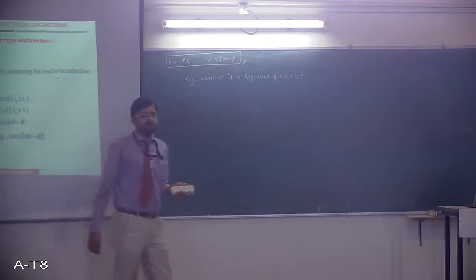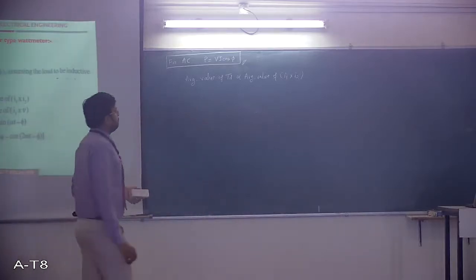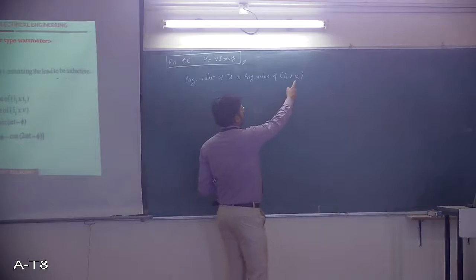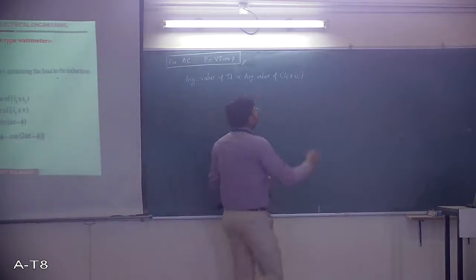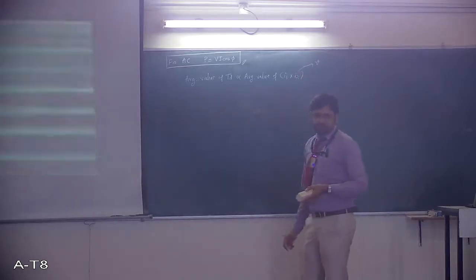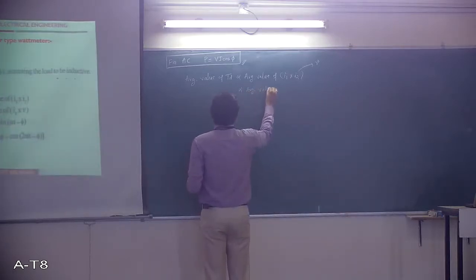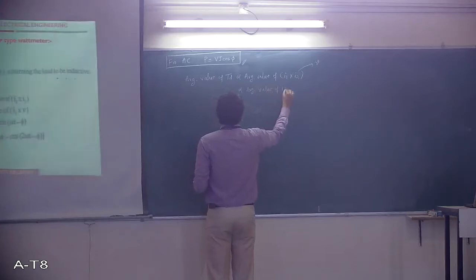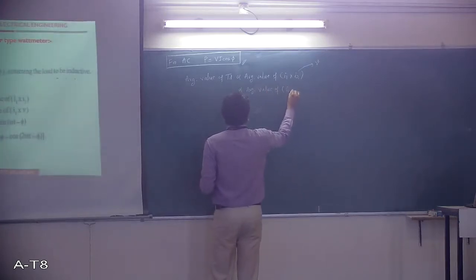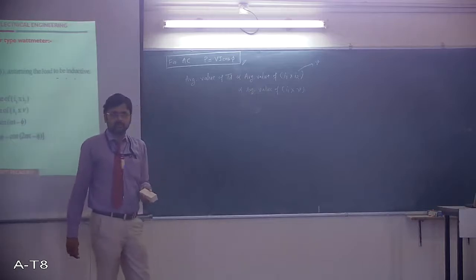But you know that the current flowing through the potential coil, I2, is proportional to the supply voltage V. So I can write this further as the average value of the product of I1 into V. I hope it is clear.